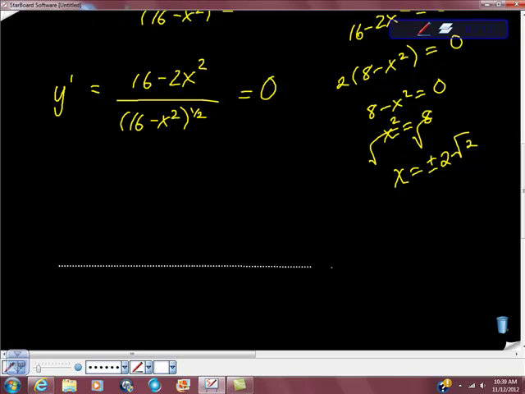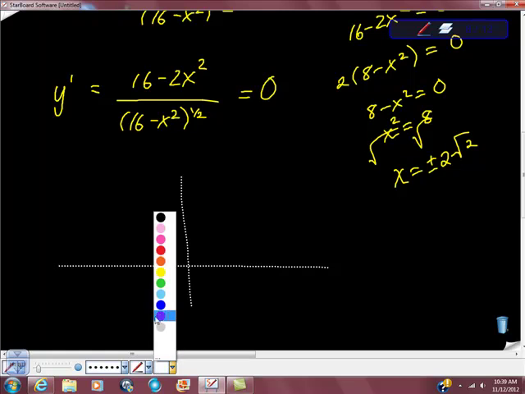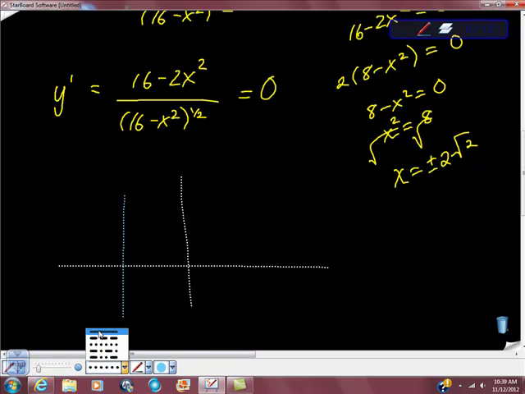But I'm just going to set up the Cartesian plane here. And I'm just going to ask you to believe with me that this x value is what? Negative 2 square roots of 2. That this x value here is, yeah, positive 2 square roots of 2.